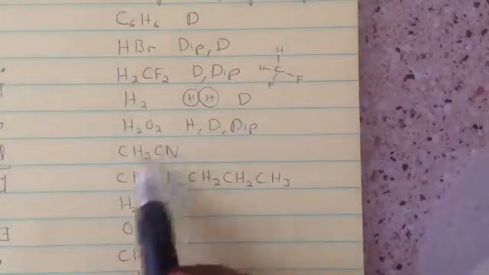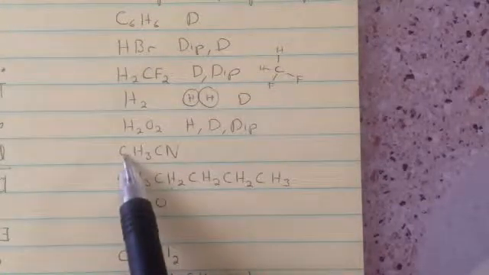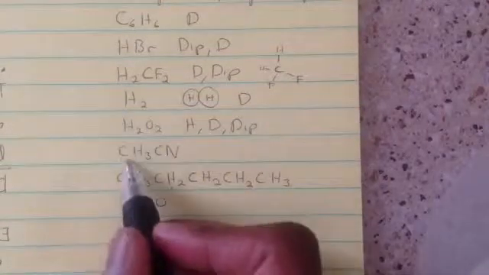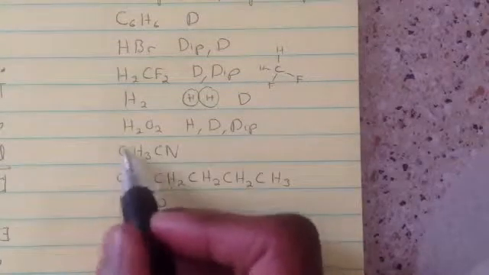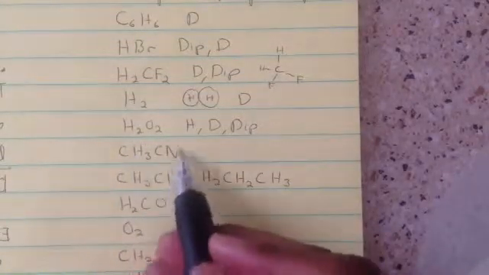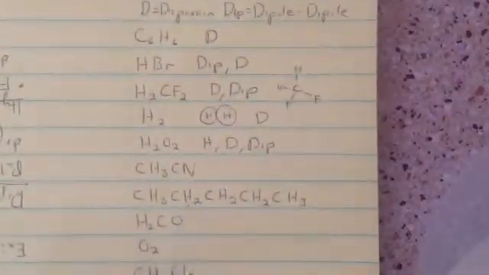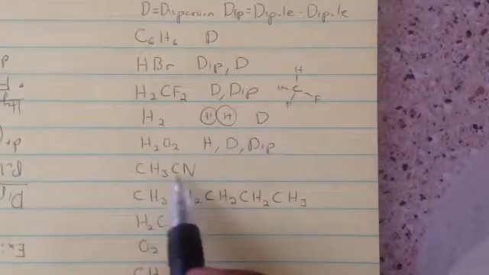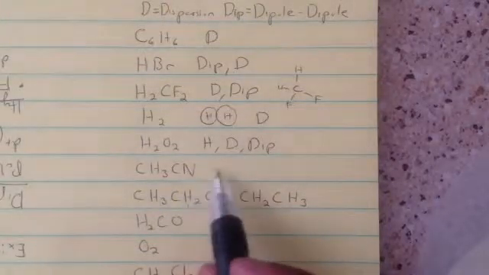Next, we have CH3CN. You have to be careful here. You see that the H is connected with the C. When it's written like CH3, the H3 is bonded to the one on the left, so it's going to be bonded to the C. So the H's aren't connected to the N, meaning that it won't be a hydrogen bond, but the N is still electronegative and since it's strong, it's going to pull the electrons more.